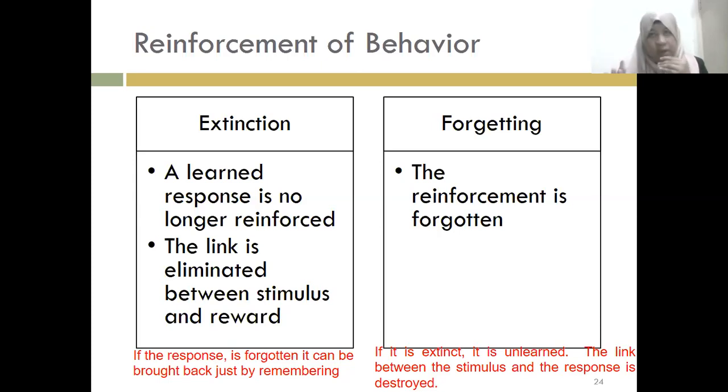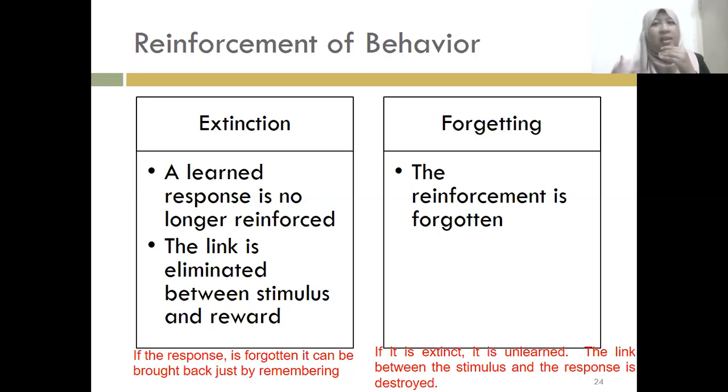Before this, for example, I give a very simple example during Ramadan time. During our kid times, your parents said if you fast for 1 day, I will give you 10 ringgit. Because we have this reward, we will go for fasting because of the reward.